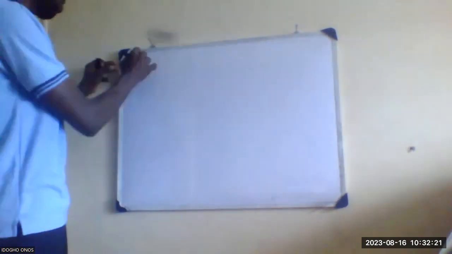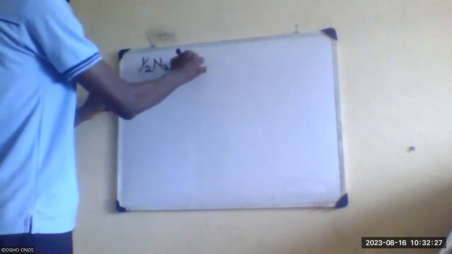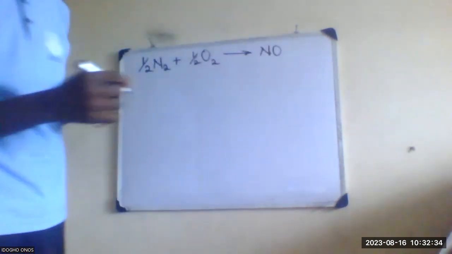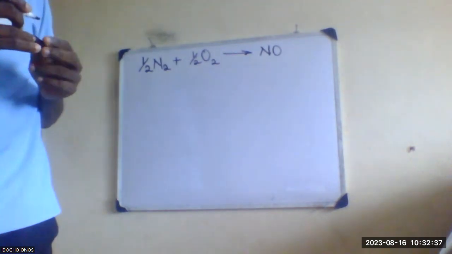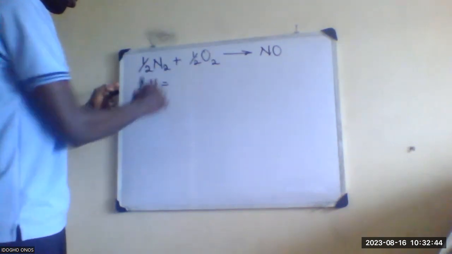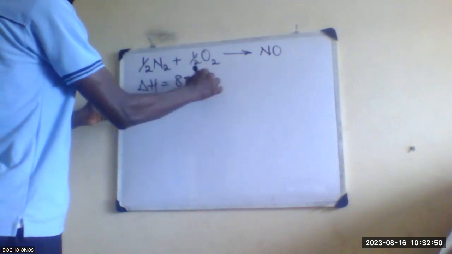So let's look at some questions. Example 1. I would like to start with this equation: N2 plus half O2 gives NO. Enthalpy change equals 89 kilojoules per mole.